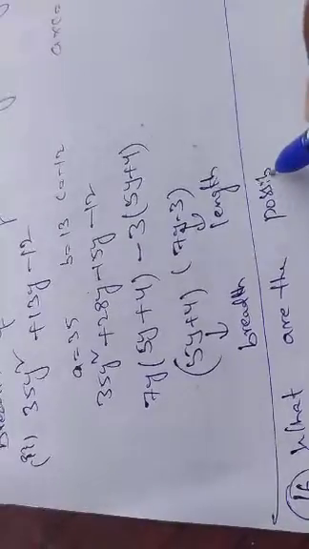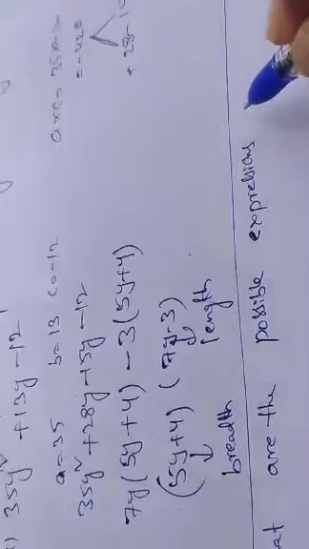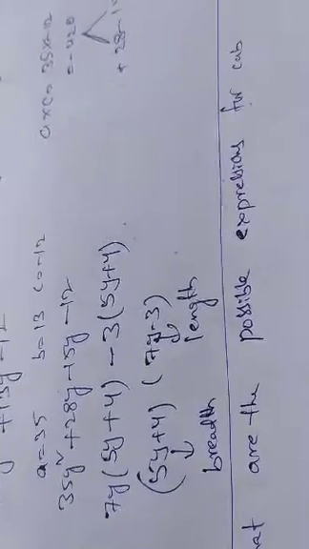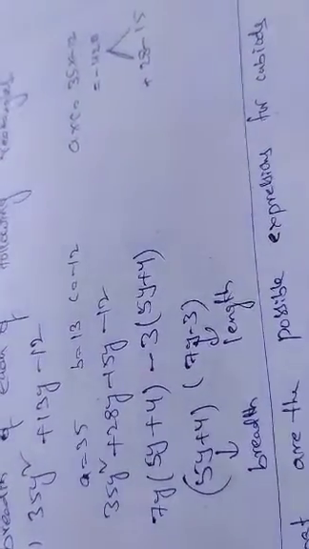Okay, fine. Coming to the next question. What are the possible expressions for cuboid whose volume is 12ky square plus 8ky minus 20k.